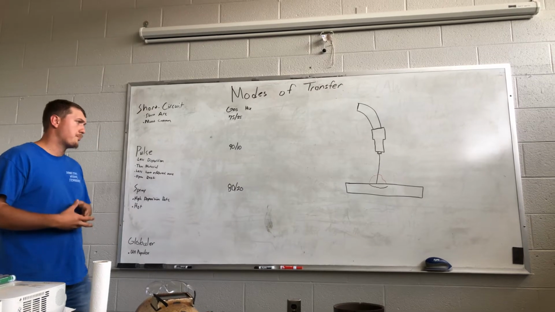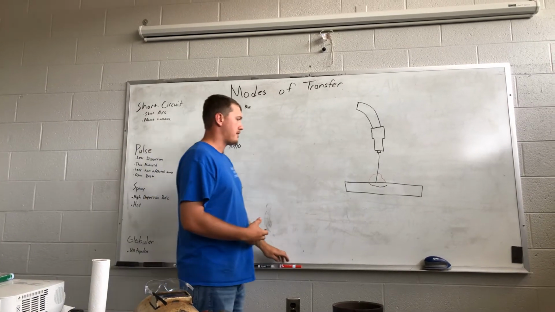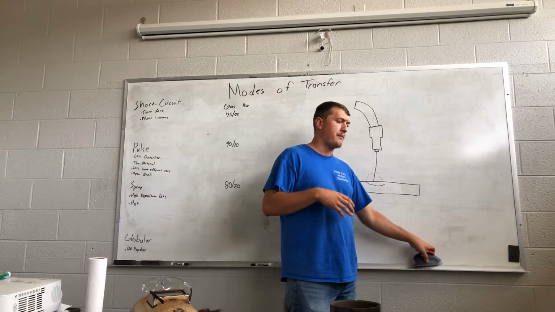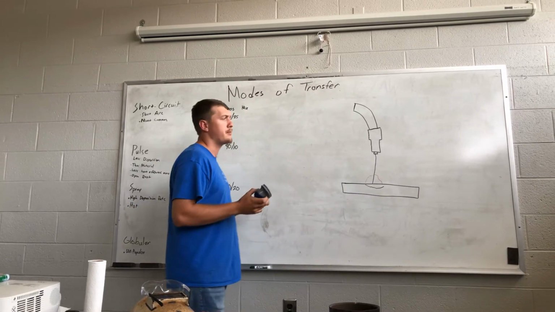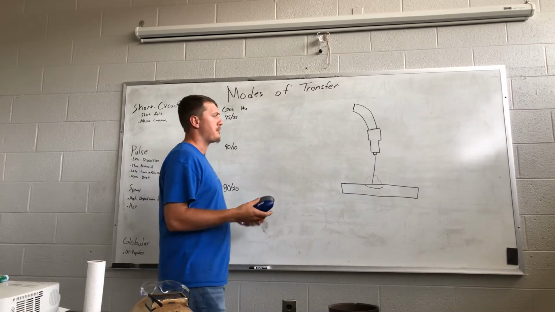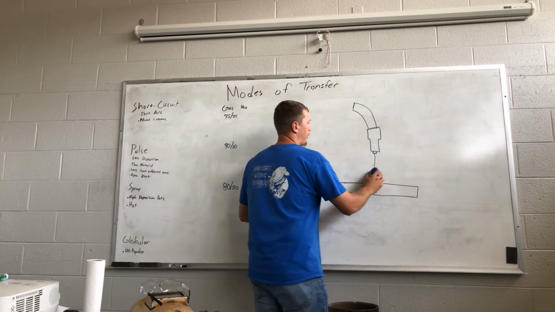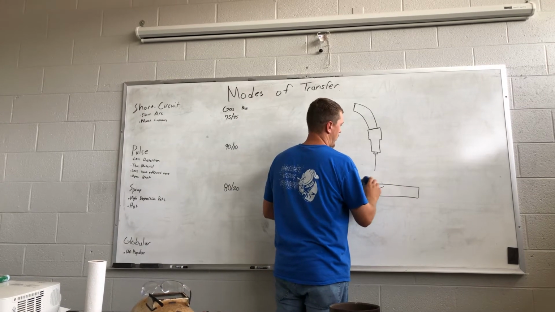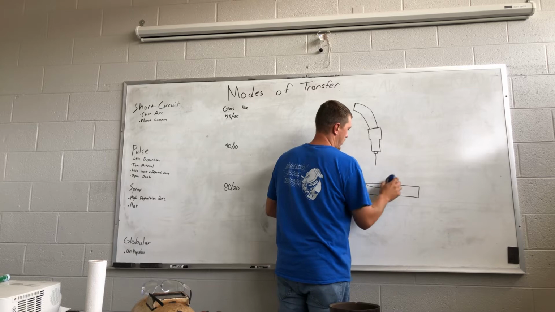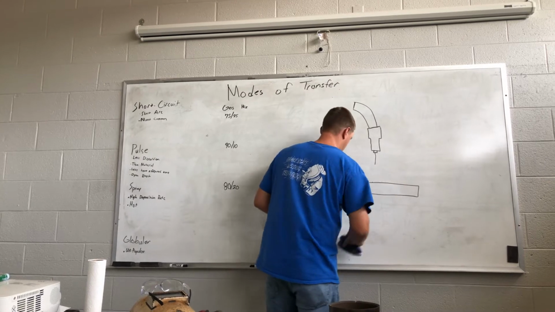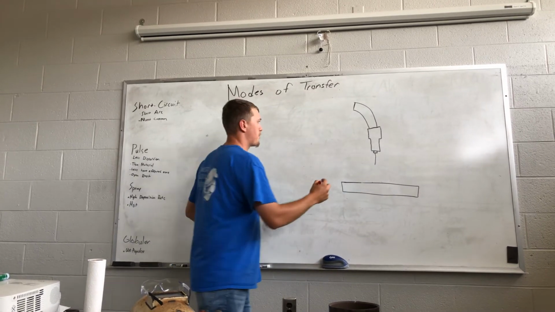All right, we'll talk about spray. Spray is kind of the opposite. Pulse is very good for fine, thin material. You can weld thick material with it, but spray is made for welding really thick material. So what happens with spray?